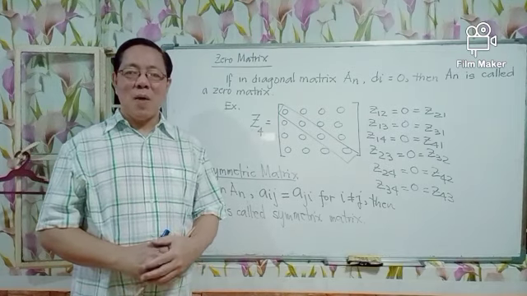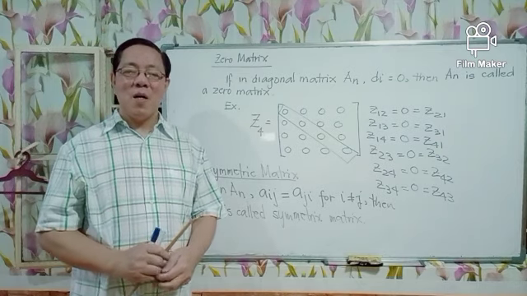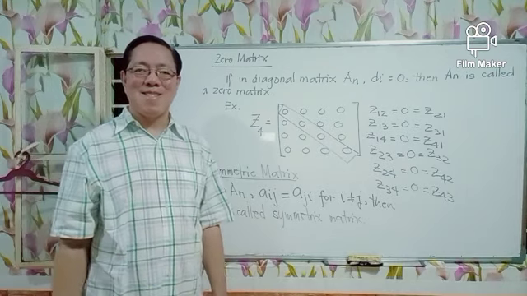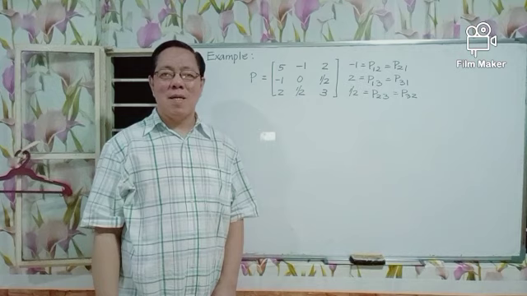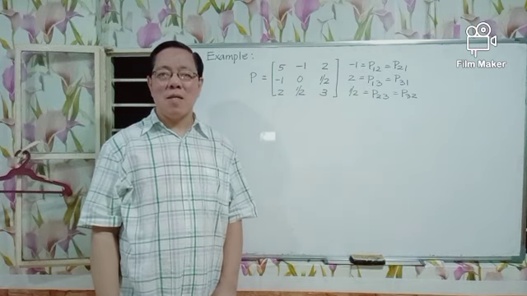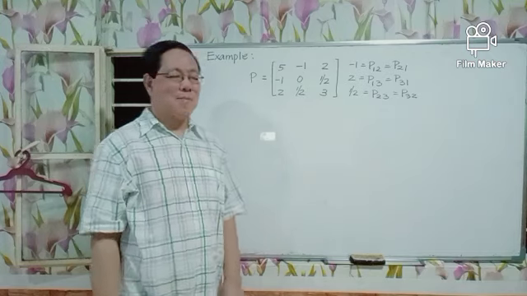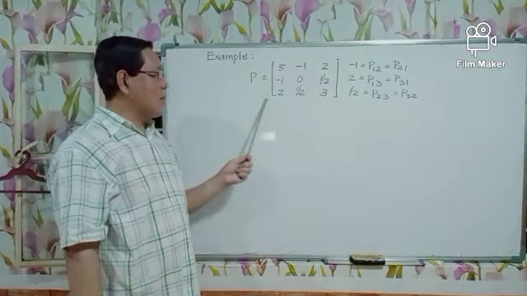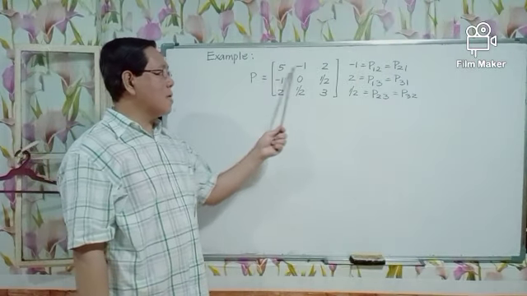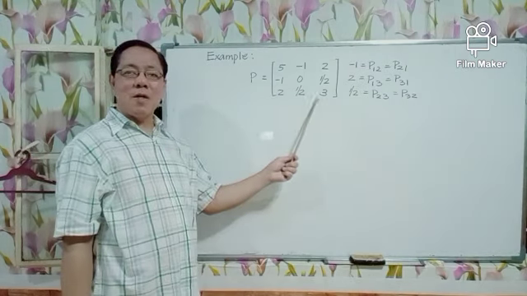We take another example of a symmetric matrix and we define the Hermitian matrix. We now take an example of a symmetric matrix that is not a zero matrix but is a square matrix. Consider matrix P. Matrix P is a square matrix because it has 3 rows and 3 columns.